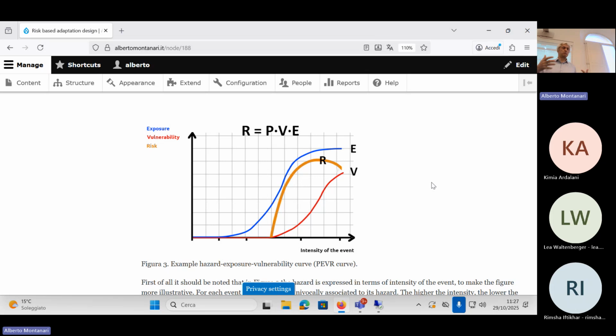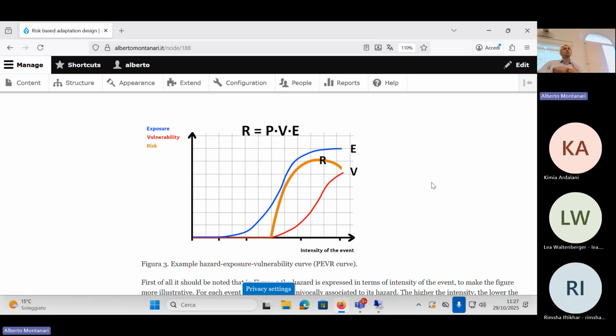Vulnerability and exposure generally do not depend on climate change directly. It's probability that depends on it. Vulnerability depends on the structure of the system, how much the system is protected. So it may happen that with awareness of climate change, people increase protection, but it's not a direct relationship.